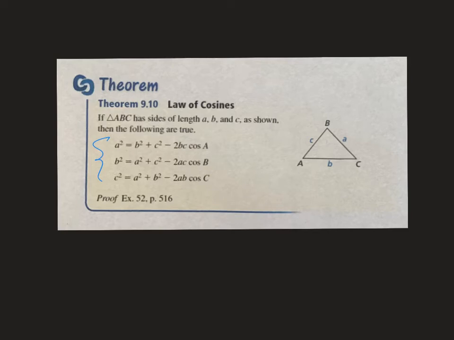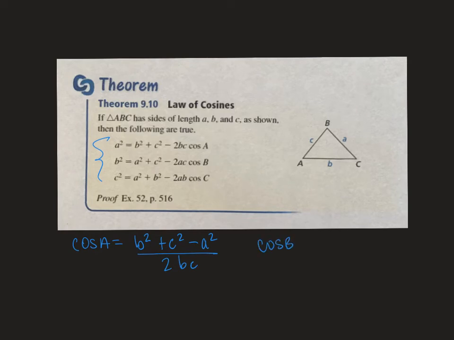Now, if you're solving for an angle, so for example, the cosine of A would be b squared plus c squared minus a squared all over 2bc.